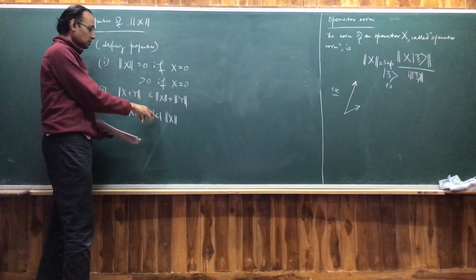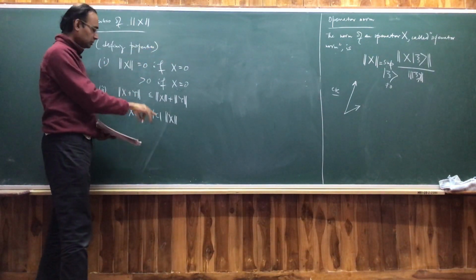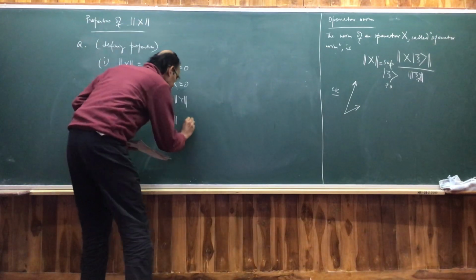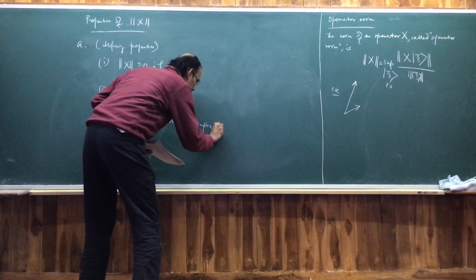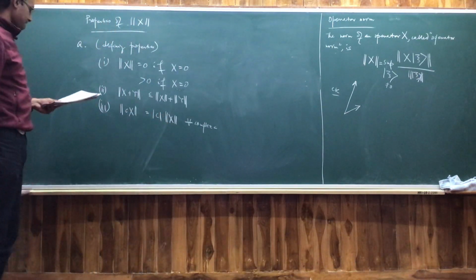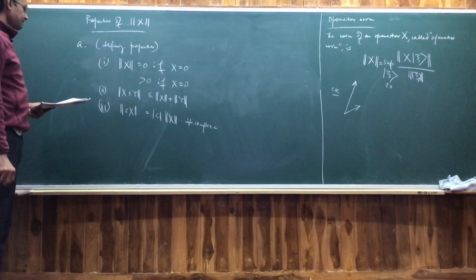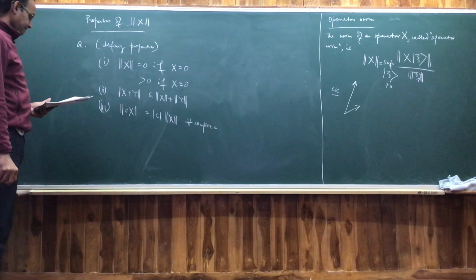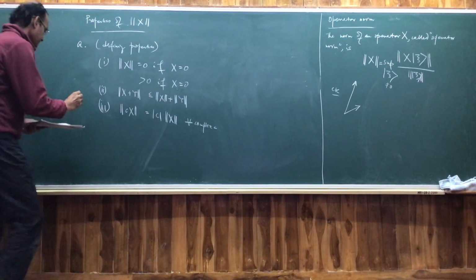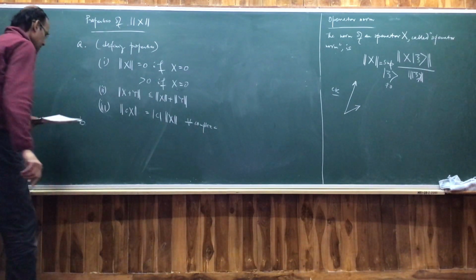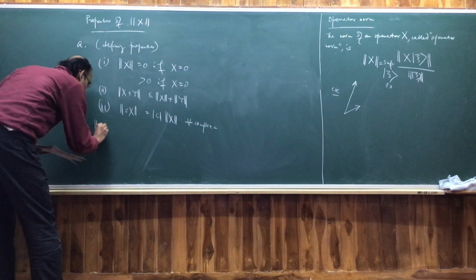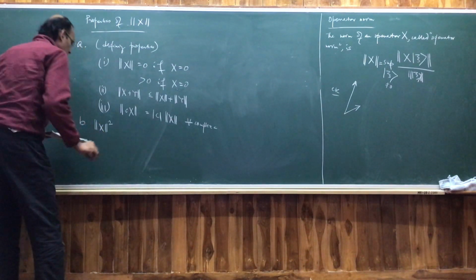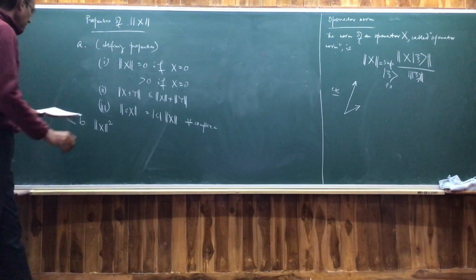We are always talking about complex numbers, so this is complex. Some other properties. Norm x square.